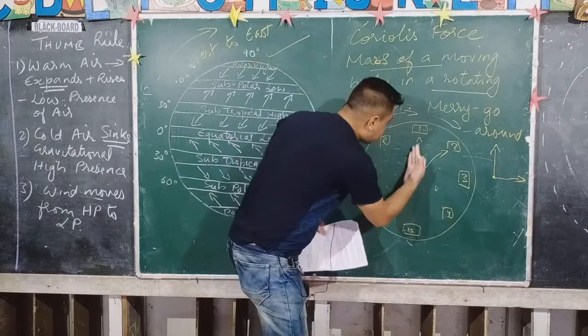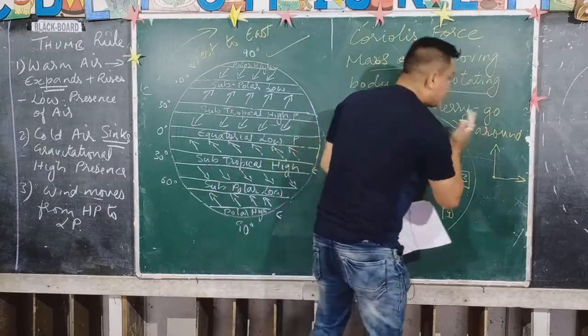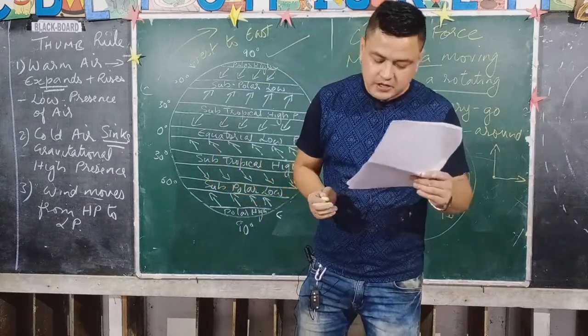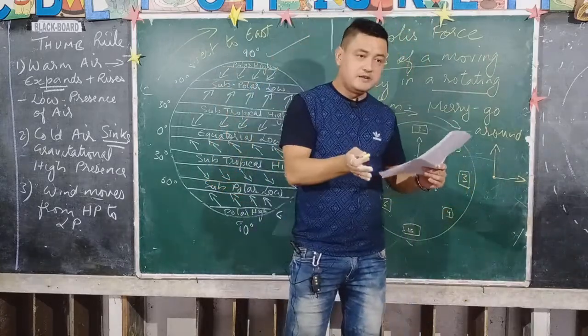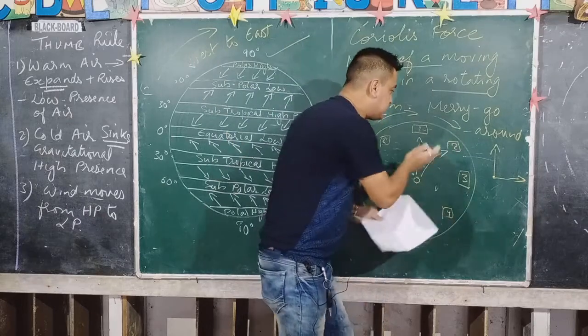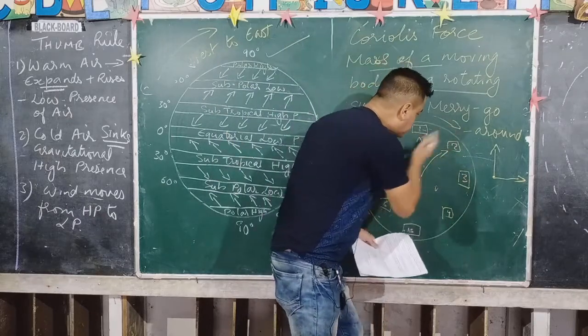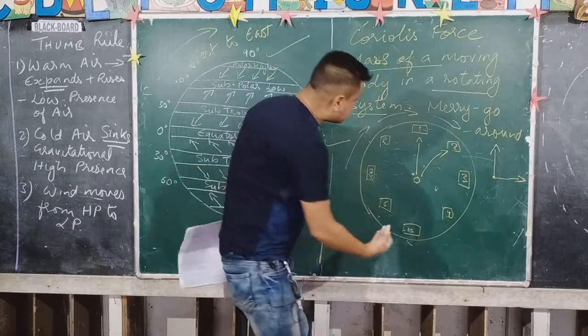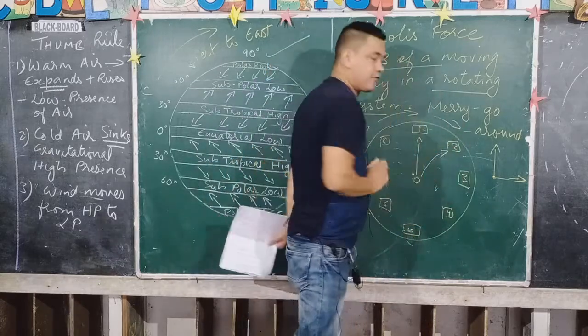Rather than going straight to number 1, it gets deflected to the right side. This is known as Coriolis force. The actual part of wind movement here is Coriolis force, because the Coriolis force acts when the rotating system is moving, and when you throw a ball to number 1, it goes to the right side.